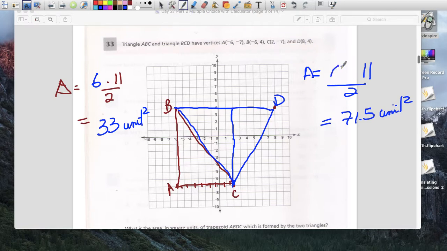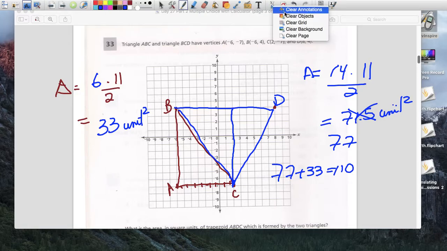It's 14 times 11, which is 154, divided by 2, that gives us 77. And then I'm going to add that plus 33 is 110. So my answer is going to be 110 units squared.